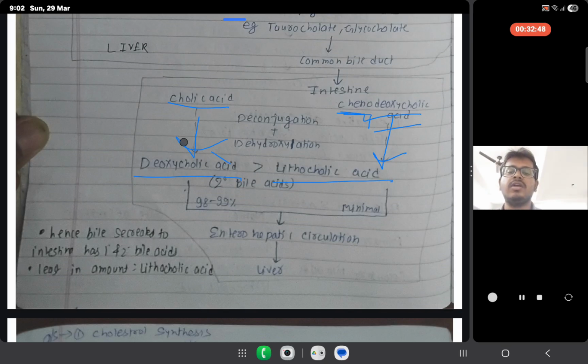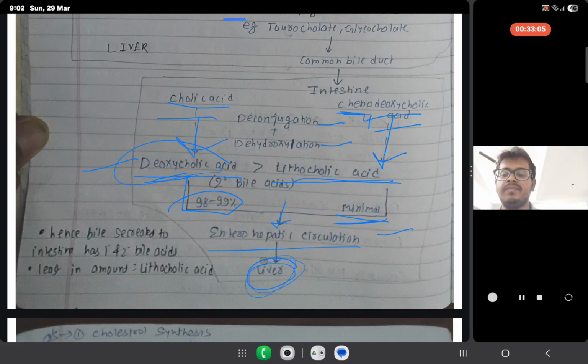Deconjugation and dehydroxylation occur, and about 98% is reabsorbed. Lithocholic acid is minimal. So enterohepatic circulation occurs and they go back to the liver. Hence, bile secreted into the intestine has primary and secondary bile acids, with the least amount being lithocholic acid.